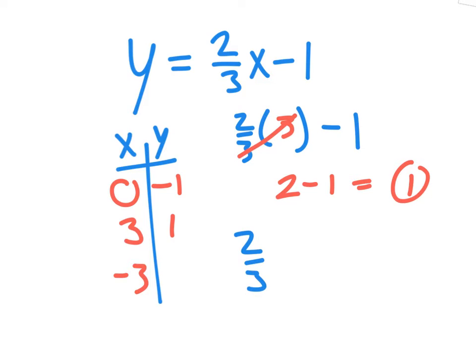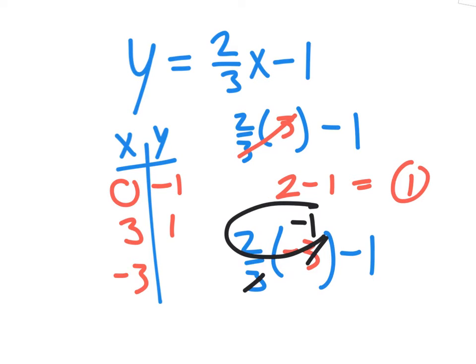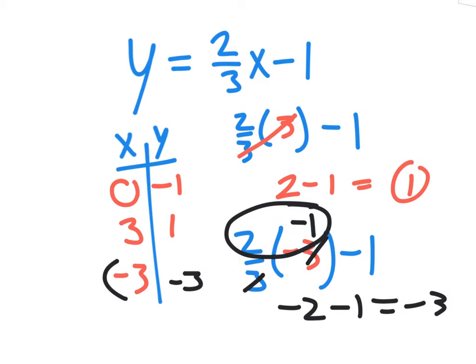You have 2/3 times negative 3 minus 1. So the 3's cancel, but that's really a negative 1 in there. So you have 2 times negative 1, that's negative 2 minus 1, that gives you a negative 3. And you have your 3 coordinates, and you just graph them and draw your line, and that's definitely going to be on tomorrow's quiz also.